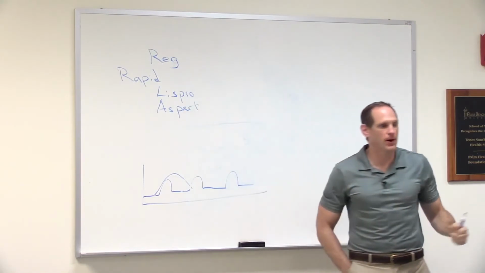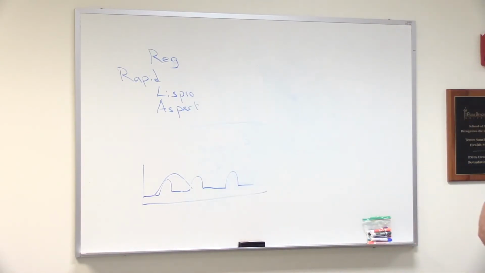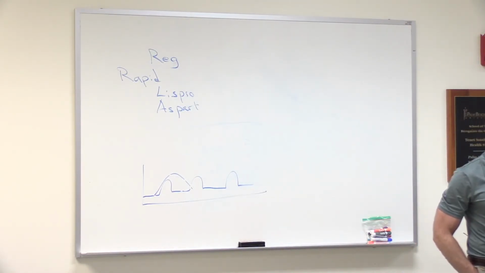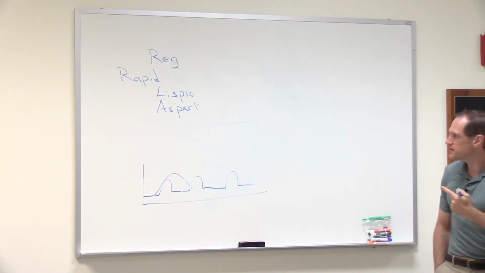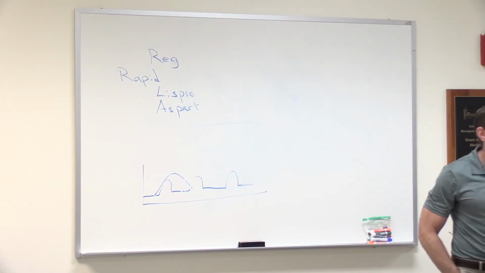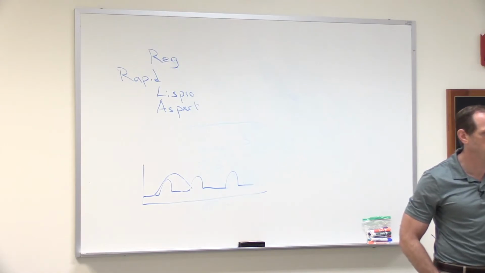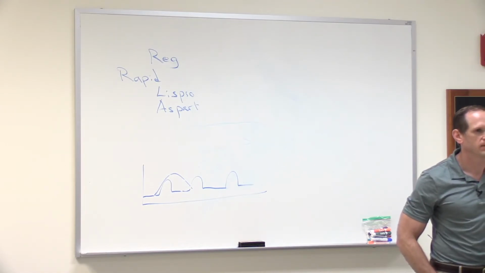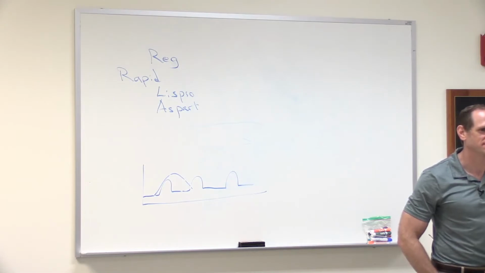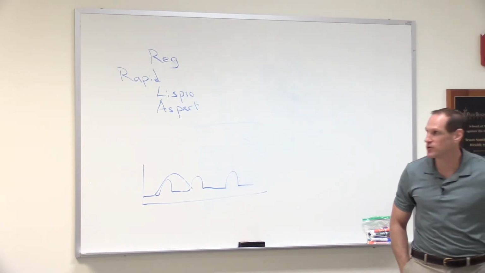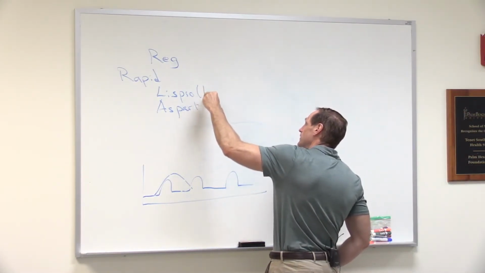Now, there's two main brands of insulin in the world, Humulin brand and Novolin brand. So, one of these is called Humalog, and the other is called Novolog. So, which one is which? Humalog is Lispro. Are you sure? Yeah. And Novolog is Aspart.